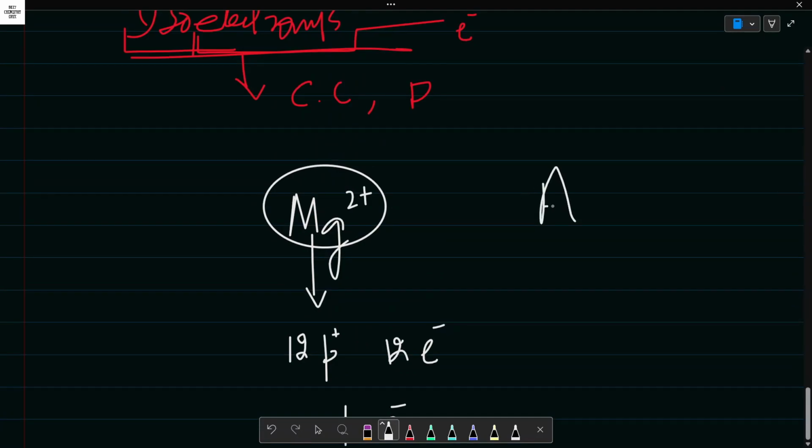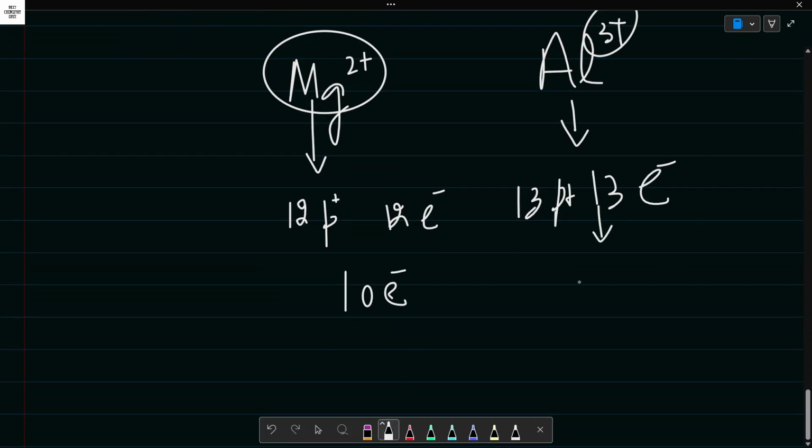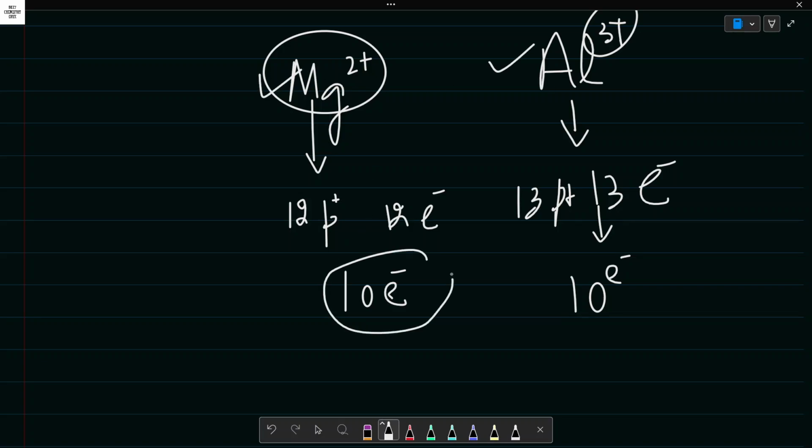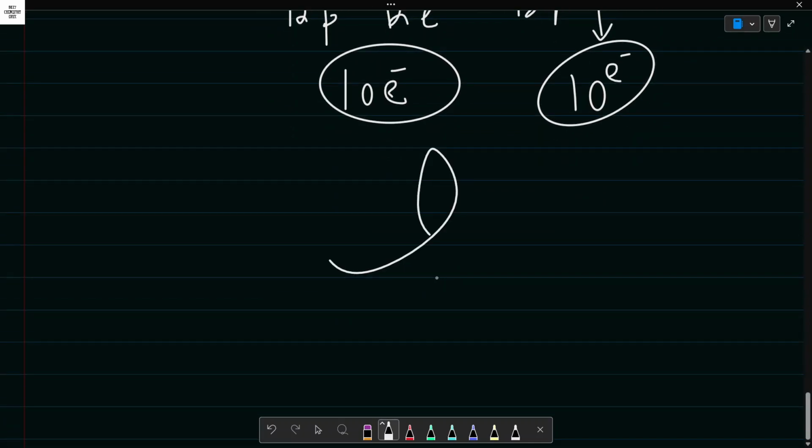On the other hand, if we take Al3+, a neutral one will contain 13 protons and 13 electrons. But since it has 3 positive charges, it will lose 3 electrons and become 10 electrons. Here you can see these both species, Mg2+ and Al3+, have 10 electrons each. So they will be called isoelectronics.